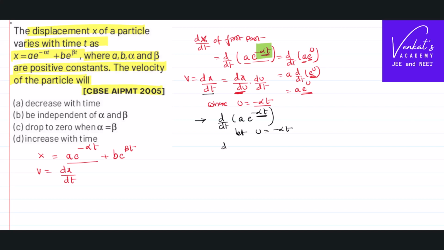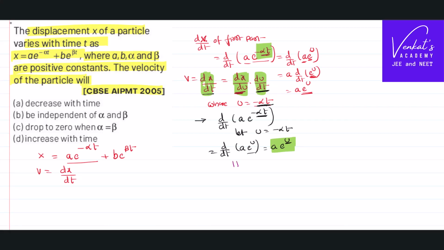Then this part becomes d by dt of a e power u. That is, a is a constant, d by dt of e power u is e power u itself. But u is a term of alpha t that also has to be differentiated, this part, du by dt. So I got this part as dx by du, but to complete this, I need to multiply that with du by dt. So I shall find out what du by dt is.